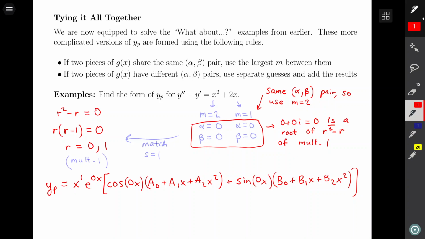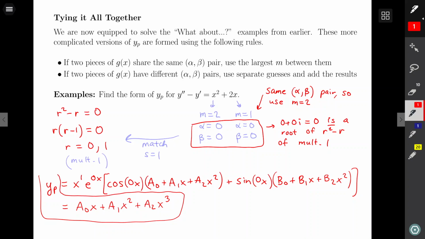So the sine portion is gone anyway, because sine of 0 is 0. Exponential is 1, cosine is 1. So it's just x multiplied by that polynomial involving the a's. That's your guess. So that's not particularly difficult, I guess, once we establish that formula from the previous slides.